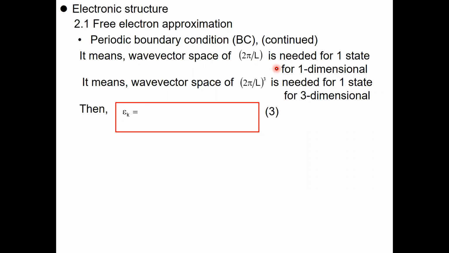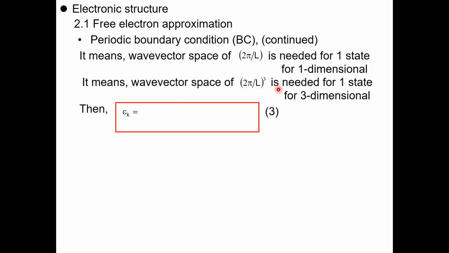So for one k state, you need 2 pi over L distance in k space. And then it can be easily extended into three-dimensional space, meaning that a wave vector space of (2 pi over L) cubed is necessary for one k state in three dimensions.